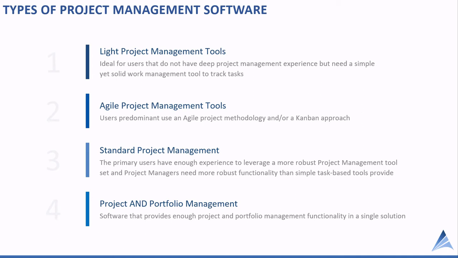These can be simple tools that are card-based, Kanban boards that help teams manage work. Doesn't have to be Kanban specific, but these are simpler tools, often for teams that may have less project management experience or do not need as robust of a solution.